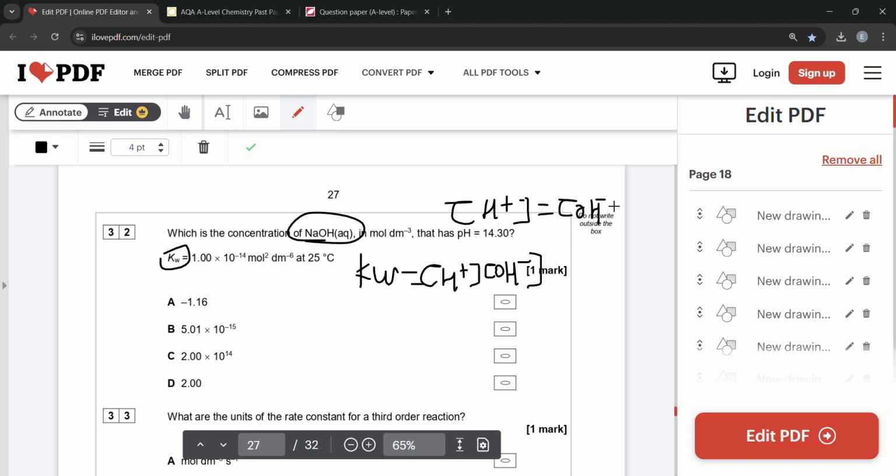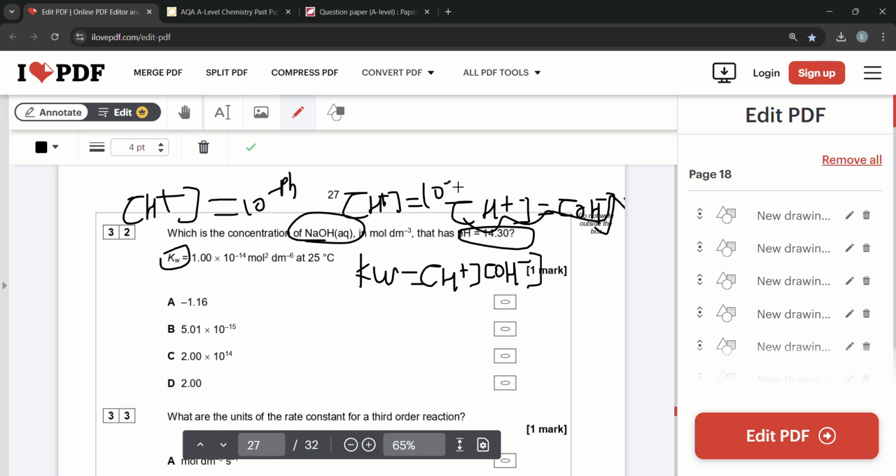We can already find [H+], because we're given a pH. [H+] is equal to 10 to the power minus pH, so [H+] is 10 to the power minus 14.30. Find the concentration of OH minus.